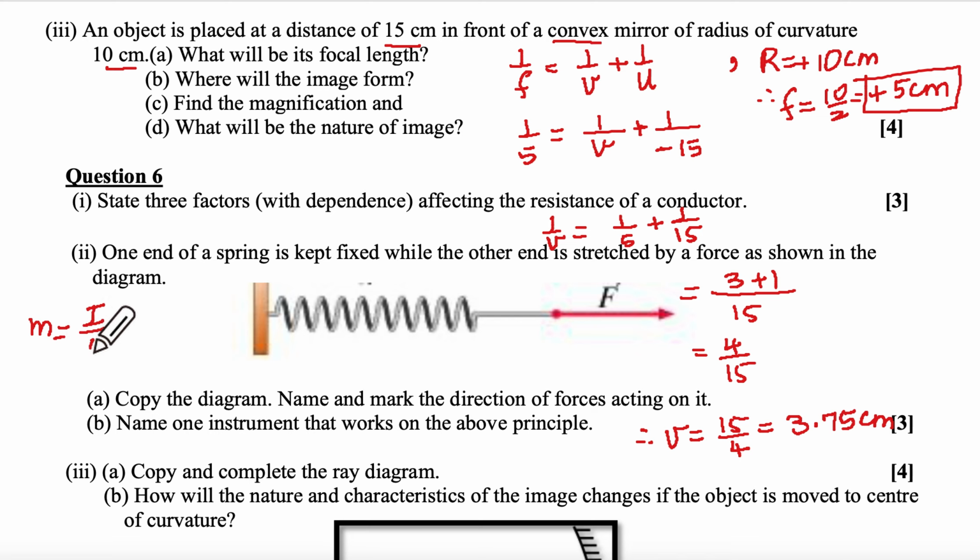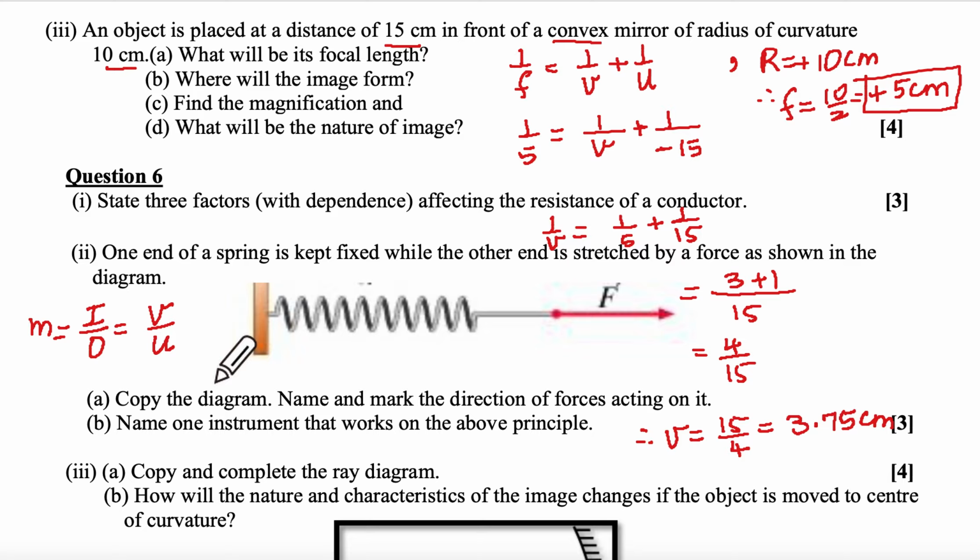Magnification is I upon O, which is equal to minus V upon U. Double checked? Have you made a mistake? Double check.